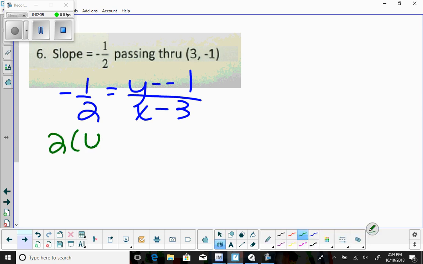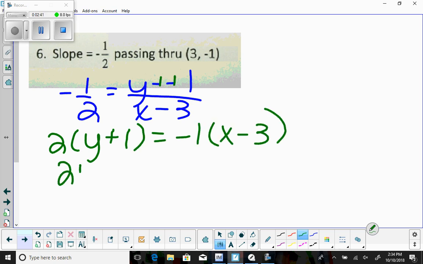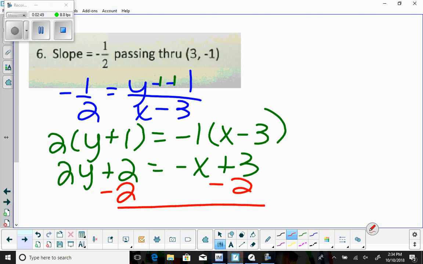So when I distribute, that's going to give me 2y plus 2 and negative x plus 3. And then start to get our y by itself.